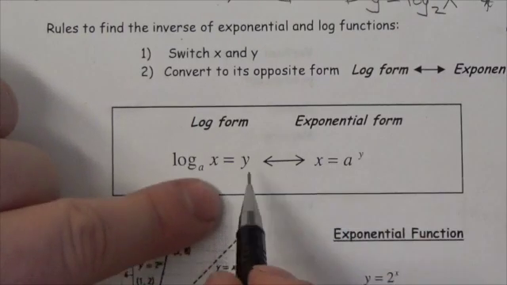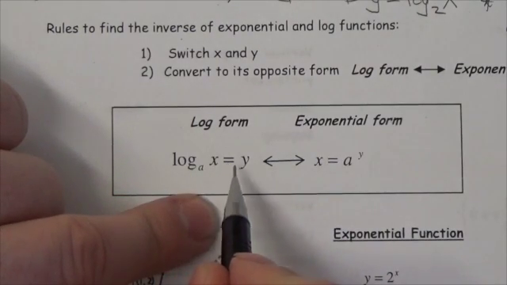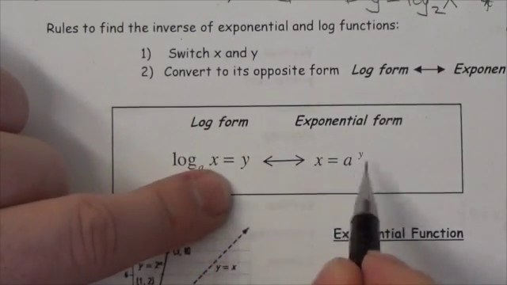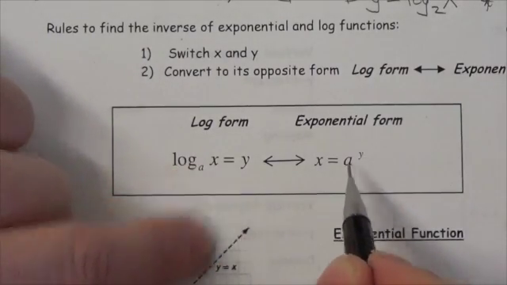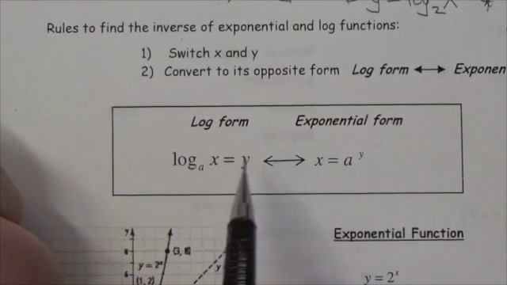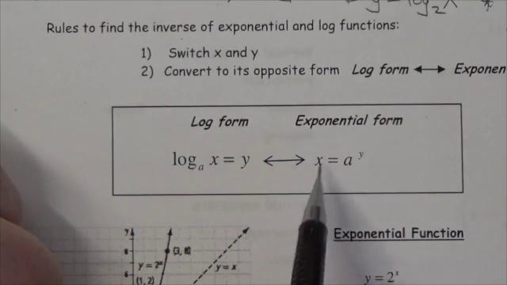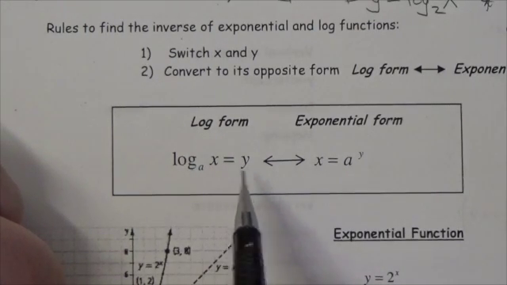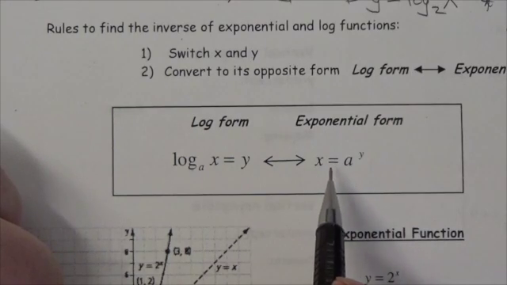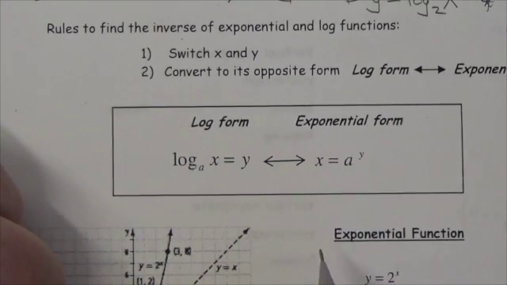A logarithm is an exponent, so in the exponential form, whatever the logarithm is equal to is the exponent on that base. And then the argument of the logarithm becomes the other side of that exponential function. So log base a of x equals y means the exact same thing as x equals a to the y.